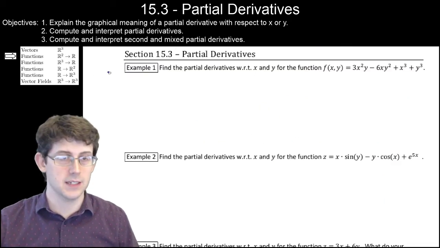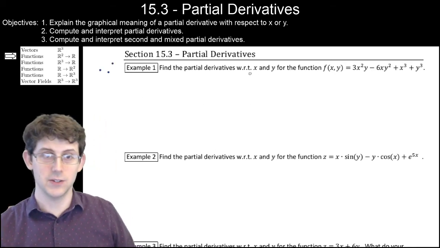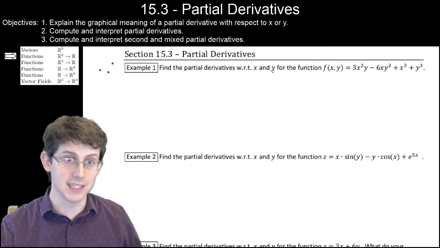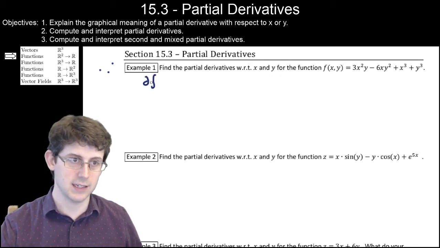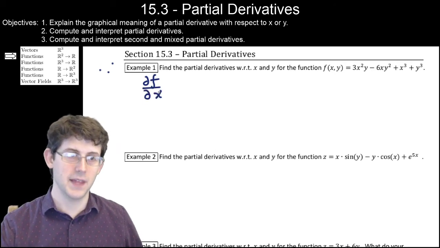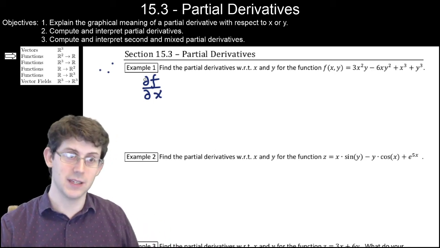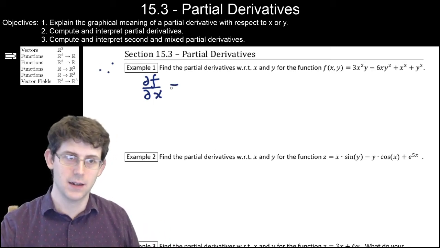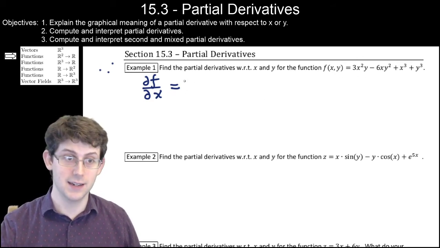Okay, let's see some examples. I didn't really tell you how to do this actually. But the key thing is that if you're taking the x partial derivative of a function, then this gives you license to say that y is a constant while you're doing this calculation. So when we're taking the derivative of 3x squared y, I just keep the 3 because the 3 is a constant.